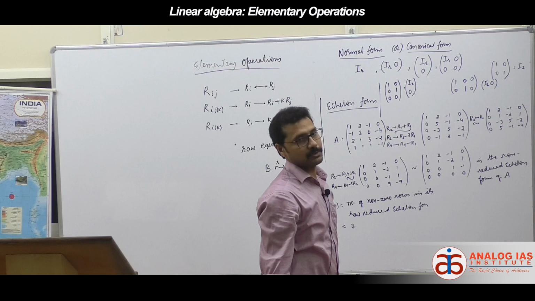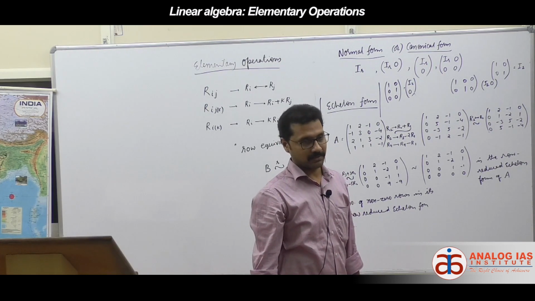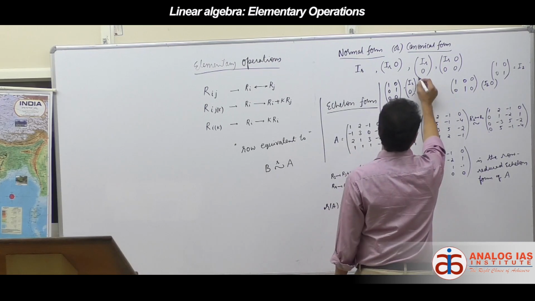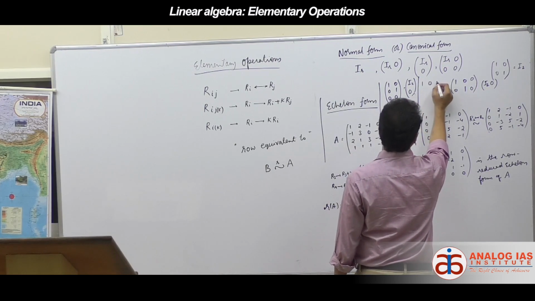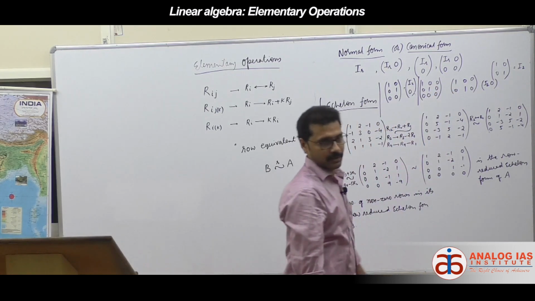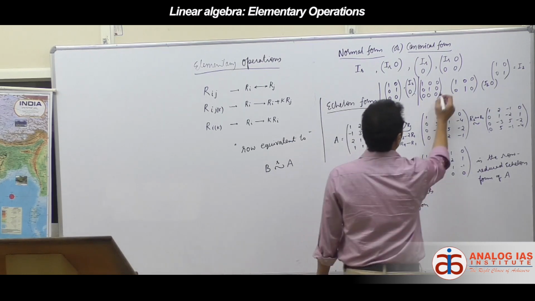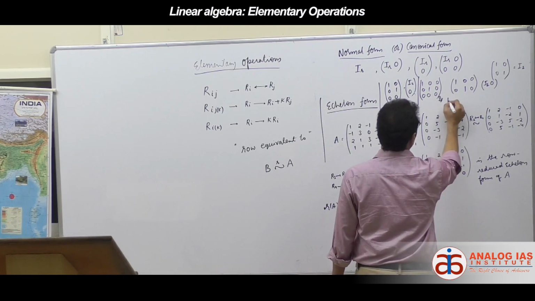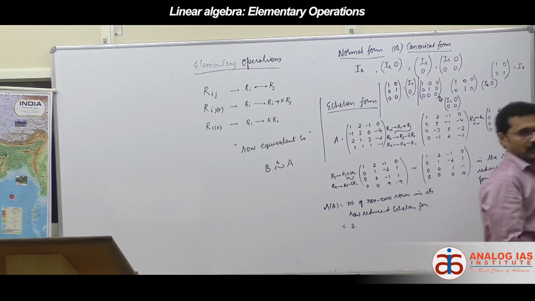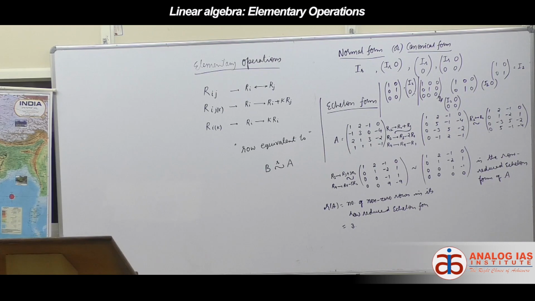Or suppose it is a 3 by 3 matrix or a 4 by 4 matrix in which I got 1, 0, 0, 0, 1, 0, 0, 0, 0. For a 3 by 3 matrix, what I got looks like I2 with zeros, which is normal form, from which the rank is exactly equal to 2 here.